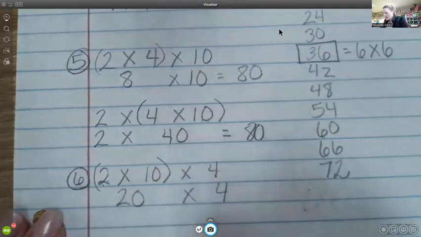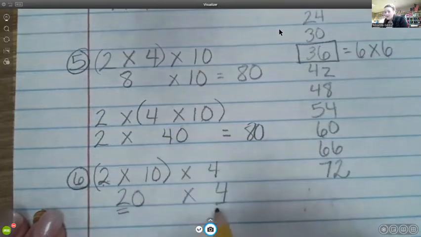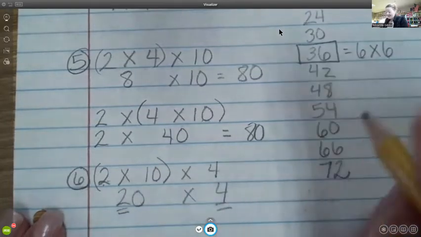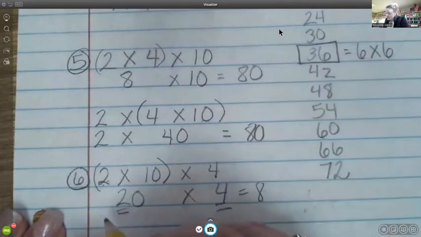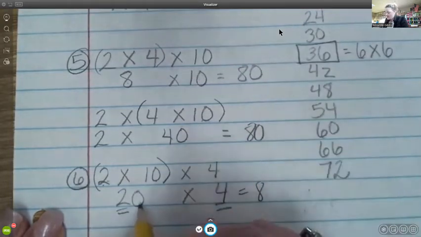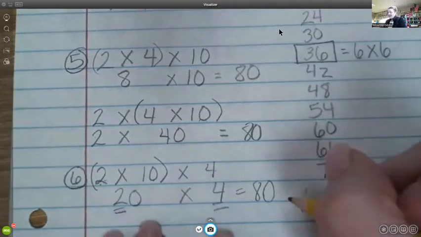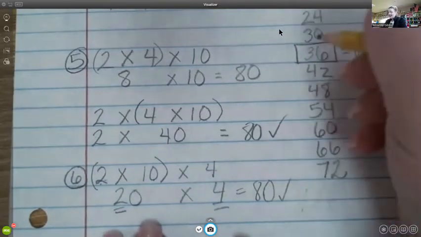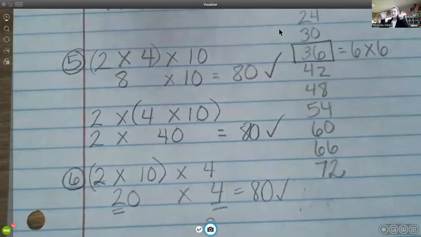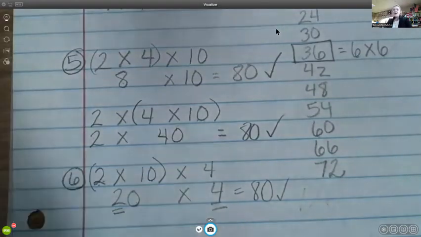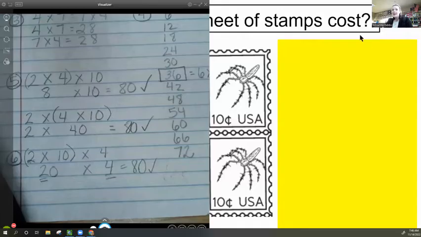Well, what is 2 times 4? 8. That's right. And if 2 times 4 is 8, 0 times 4 is 0, so it's the 0 property. And we have 80, 80, and 80. Woohoo! Awesome.